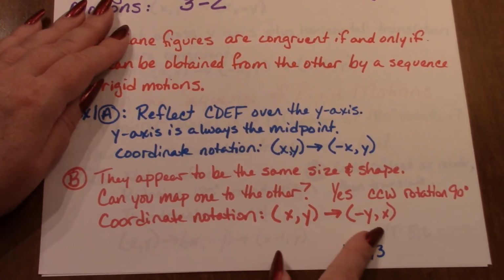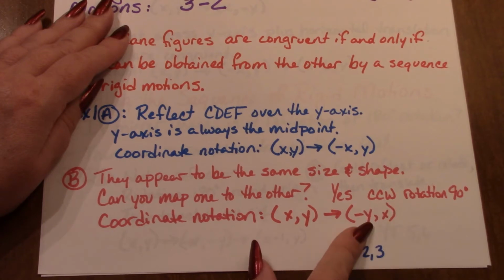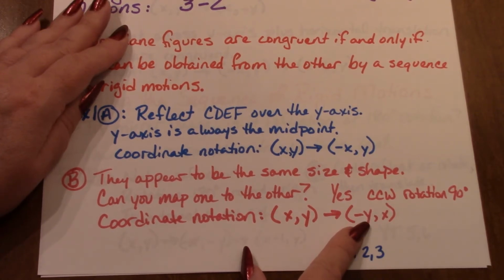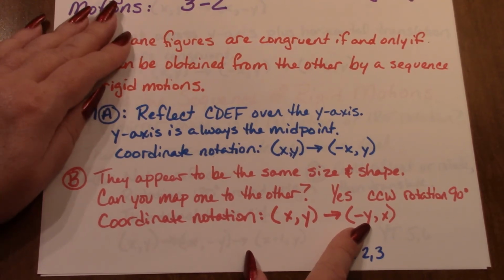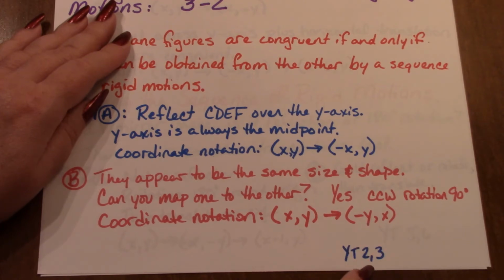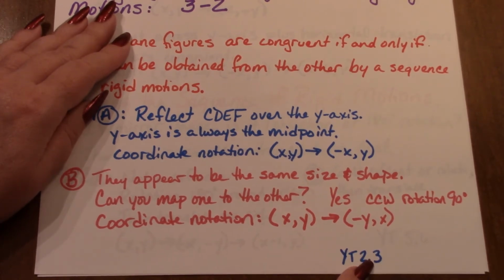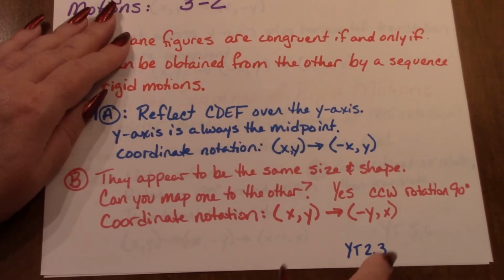It works for all 3 points. And because it works for all 3 points, then we can prove that XYZ is congruent to ABC. Try your turn, numbers 2 and 3, and come back when you're done.